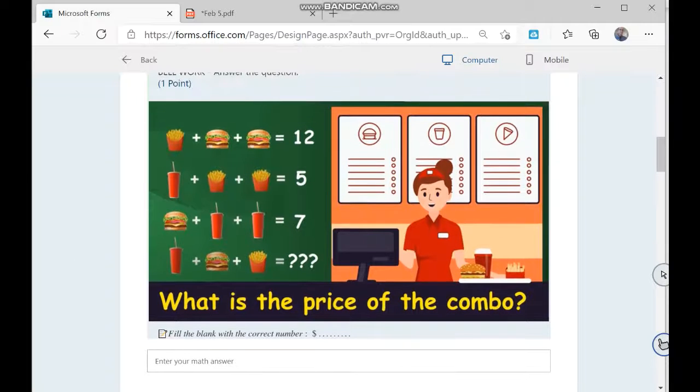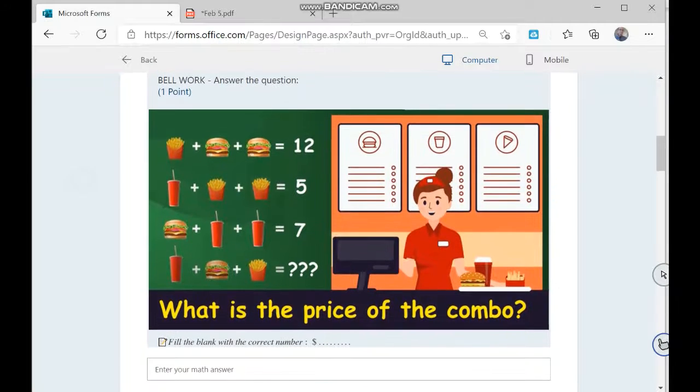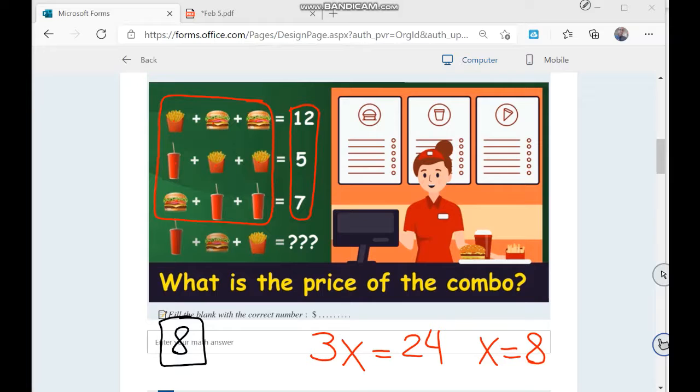But before, just tell me what do you think is the answer for this bell work, and I'm confident all of you are going to find the right answer. Let me see how many students I have here in the meeting. If you add all the items, you're gonna have 3 burgers, 3 drinks, and 3 fries.